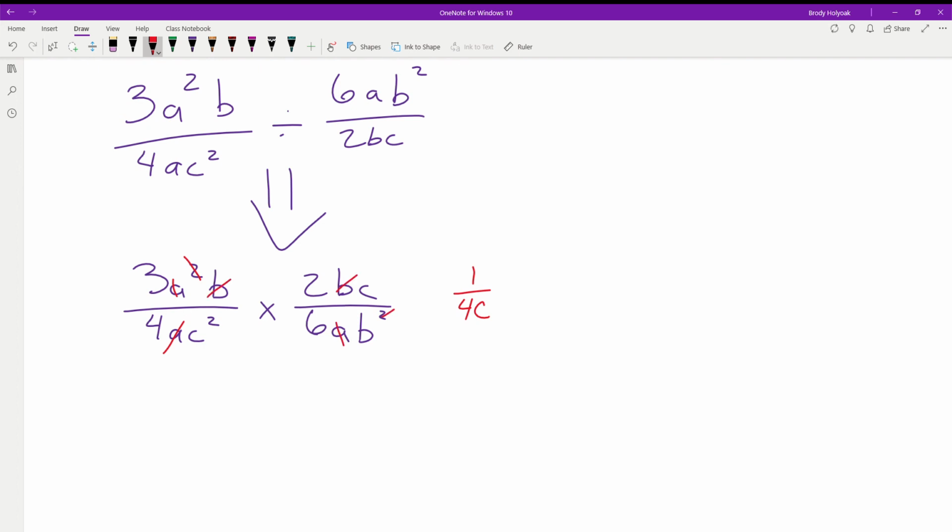Those two b's will cancel. One of the c's cancels out. So in the end, we got rid of those whole two terms, I guess you could say. We end up with 1 over 4c.